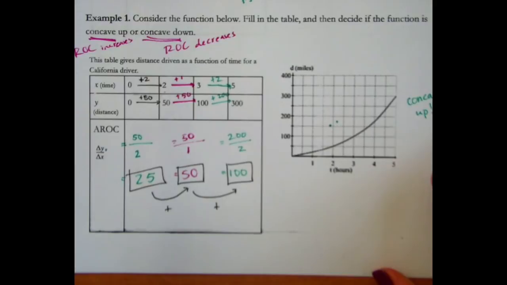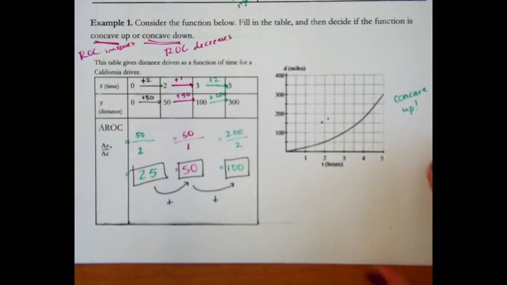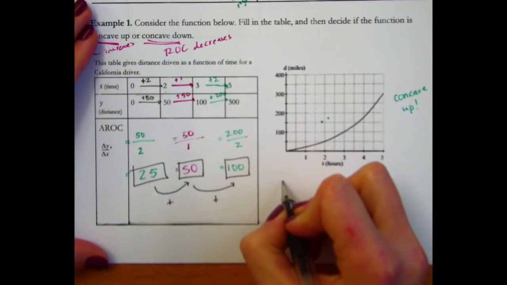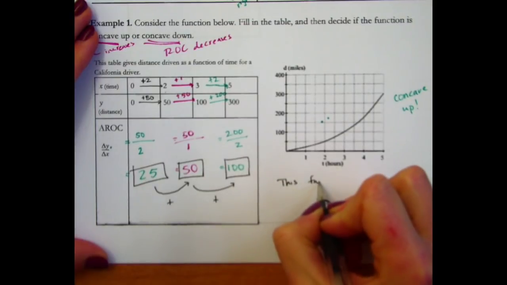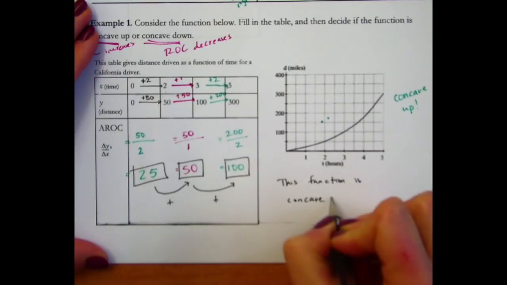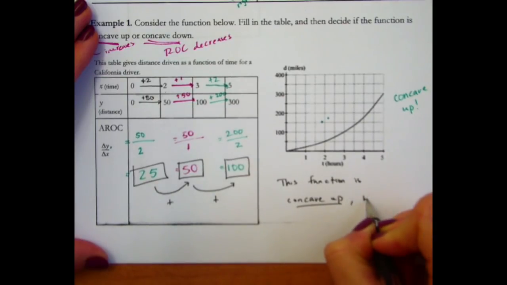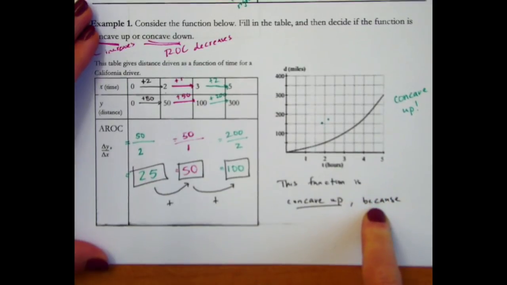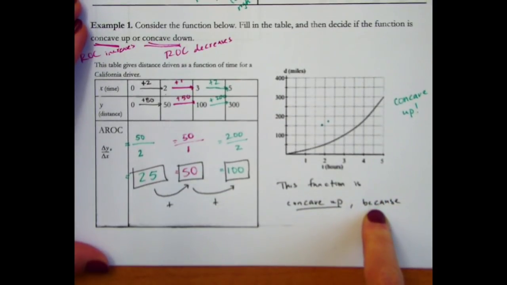So here's the key. For this type of question, your final answer is going to be a full sentence. And the structure of that full sentence would look something like this: this function is concave up because, and what's the reason it's concave up? We need to use the definition, which is rate of change is increasing from left to right.